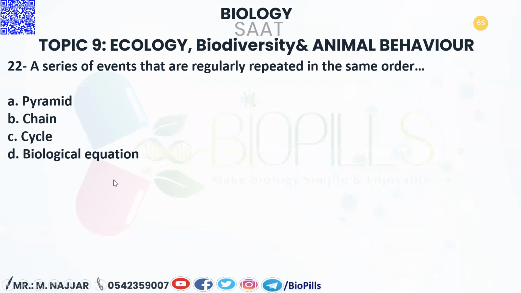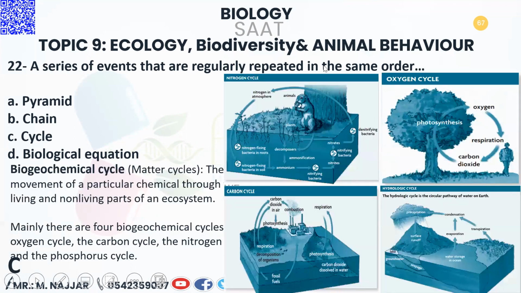Question number 22, a series of events that are regularly repeated in the same order. A, pyramid. B, chain. C, cycle. D, biological equation. It is the exact definition of the cycle. The correct answer is C, cycle. What is the meaning of cycle? Cycle, or the biogeochemical cycle, or matter cycle, is the movement of a particular chemical through living and non-living parts of the ecosystem.